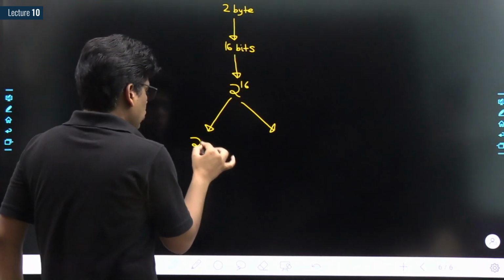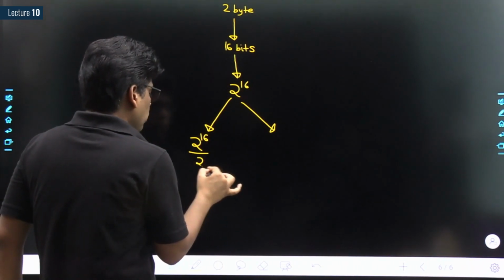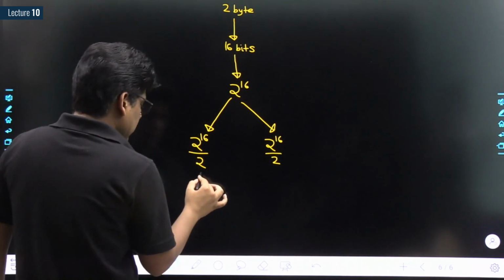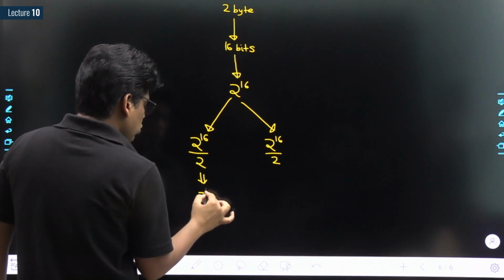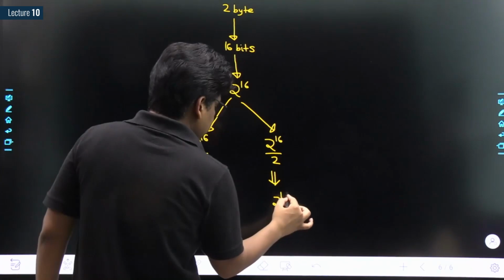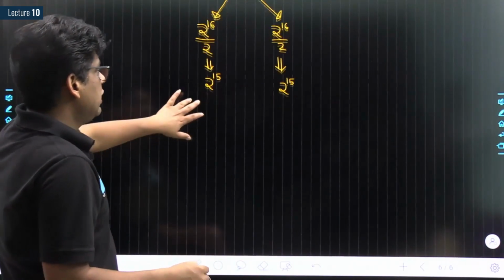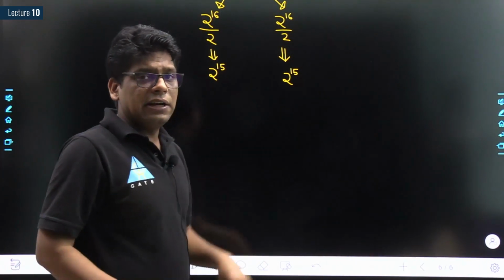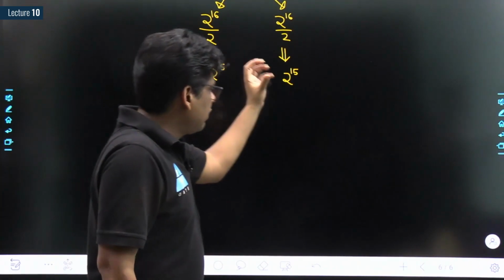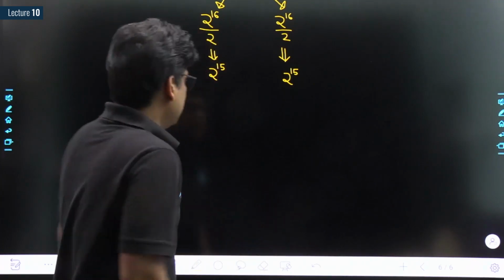That means 2 to the power 16 divided by 2, which is nothing but 2 to the power 15. So we distribute 2 to the power 15 values for negative numbers and 2 to the power 15 for positive numbers.